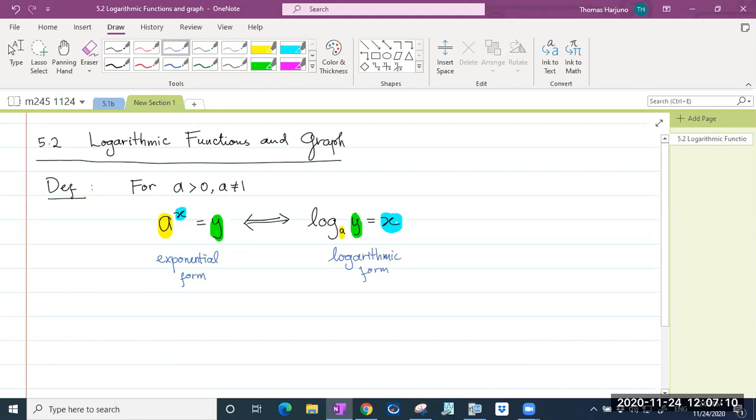Now we will spend a couple minutes just to learn how to rewrite them in logarithmic form. Now suppose, for example, number 8. Log base 7 of 343 equals 3. That's the log form. What is the exponential form? Remember, this is the base.